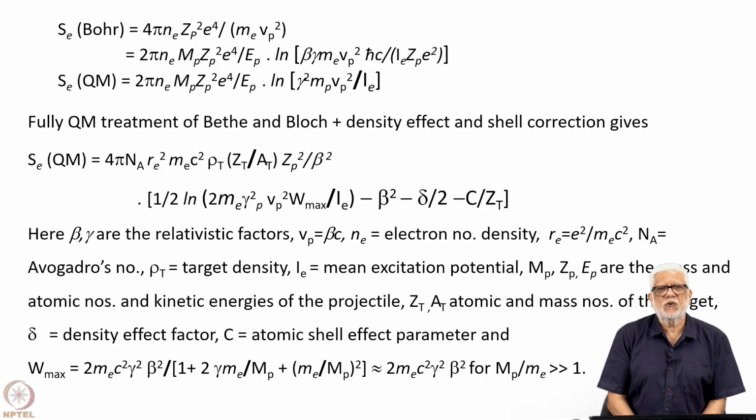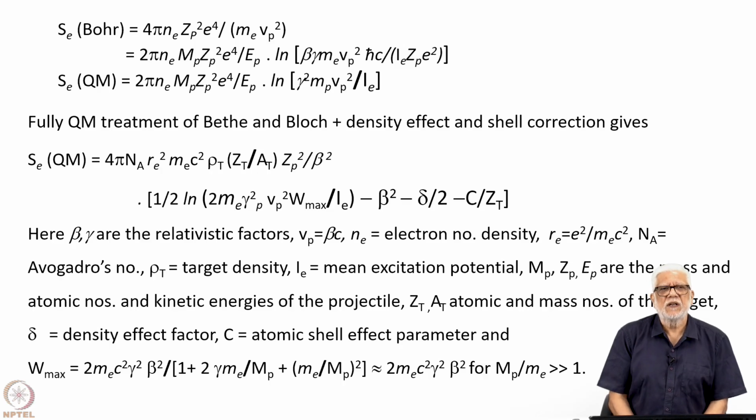Basically the electron recoils against the heavy ion or the heavy projectile charge, and then the semi-classical calculation involves putting bounds, the upper and lower bounds for the maximum and minimum impact parameters, involving a little bit of quantum mechanics and so on.